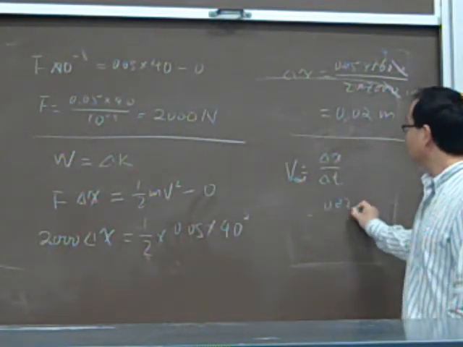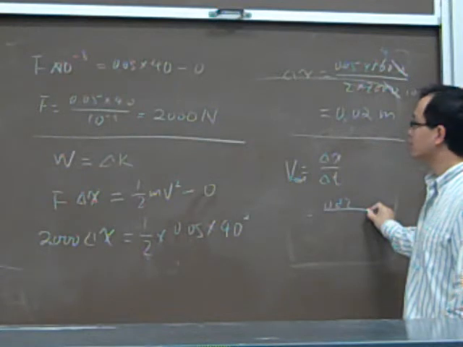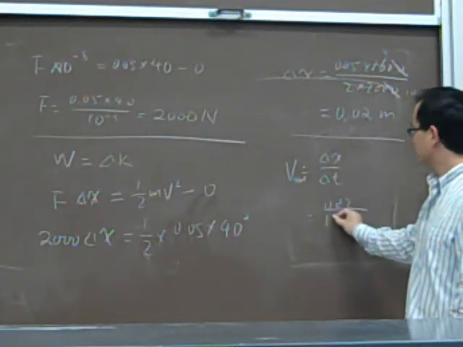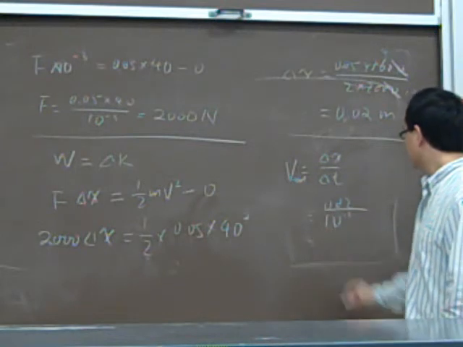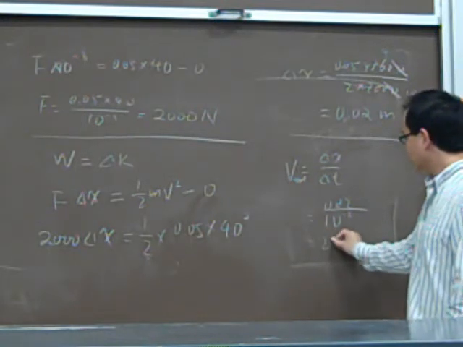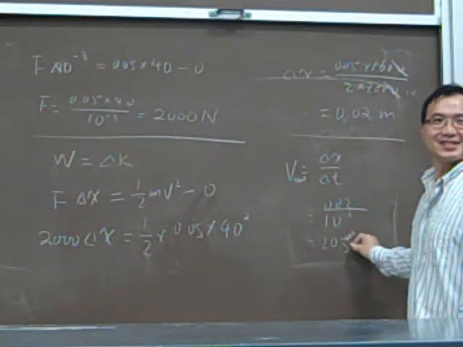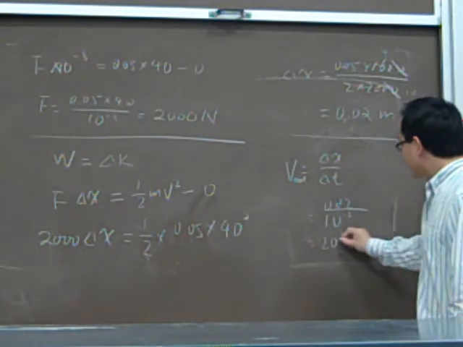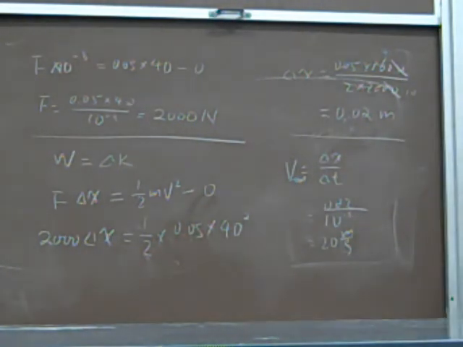So 0.02 divided by this. So it's 20 meters per second. But you have to know this after you do the calculation. Any questions here?